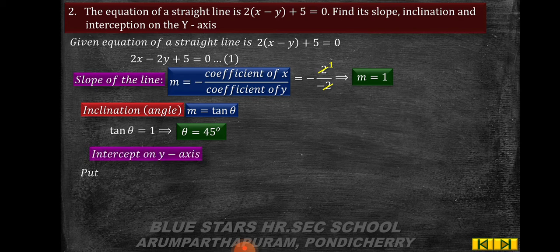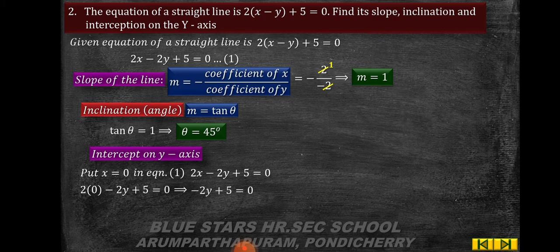Next, the intercept on the y-axis. So put x is equal to 0 in equation 1. 2x - 2y + 5 = 0. So 2 into 0 minus 2y plus 5 is equal to 0, which implies minus 2y plus 5 is equal to 0. Minus 2y is equal to minus 5.